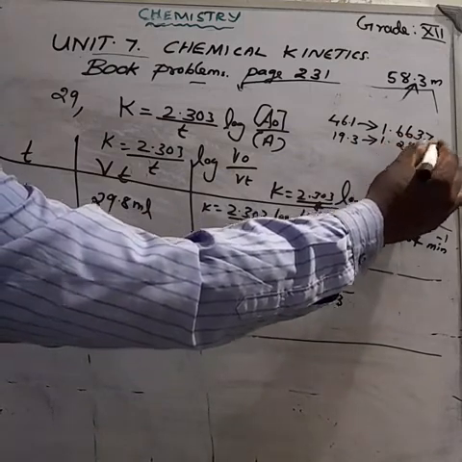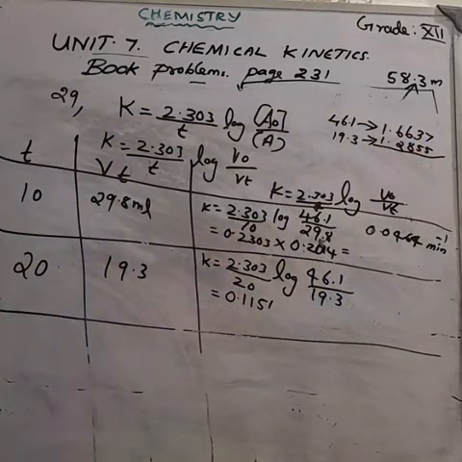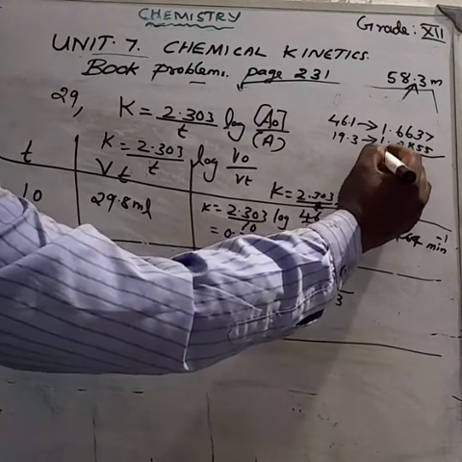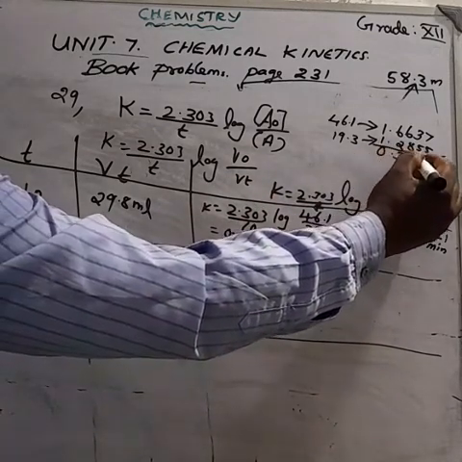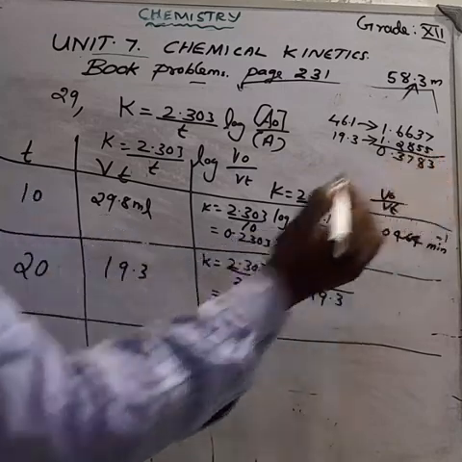Now I am going to subtract 1.6638 minus 1.2855. I get the value 0.3783.